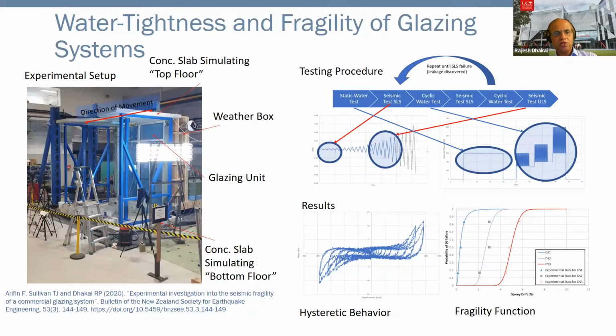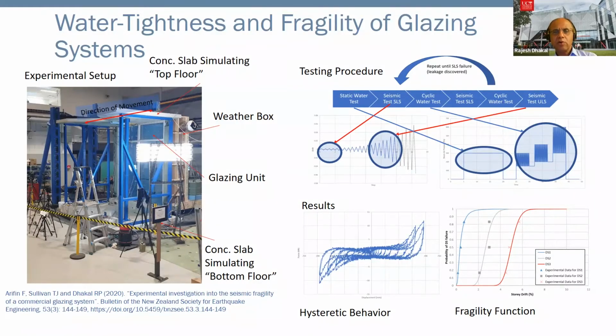For this, we developed a unique testing frame, rig and testing methodology, where you load a large scale glazing panel in reverse cyclic loading, and in between you also apply sprinkler water under a pressure difference between one side and the other side, mimicking what happens in reality in building windows, and then we see when leakage of water starts on the window.